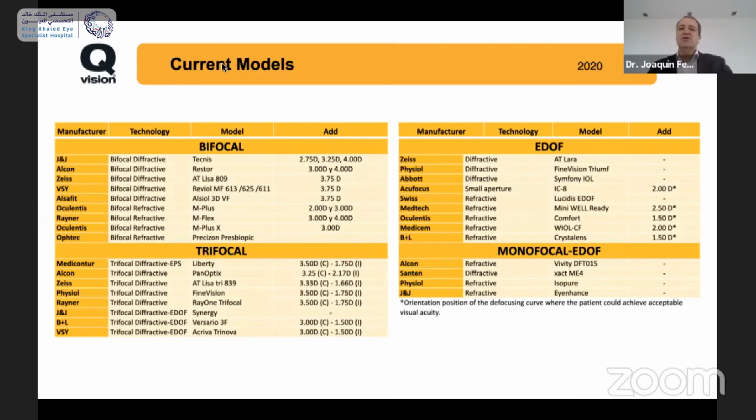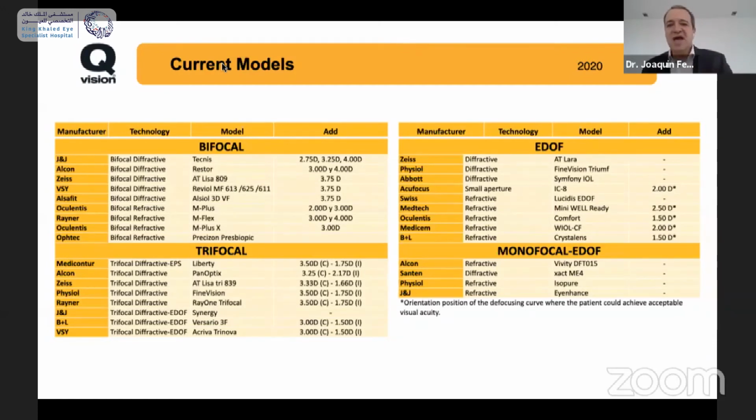Well, let's take a look. These are all the models current to the year 2020. You have here all the bifocal lenses and all the trifocal lenses. The higher on the scale, the more distribution of light to near vision and the more addition. At the top is the Liberty. At the bottom are the Acriva Trinova and Versario, for example.